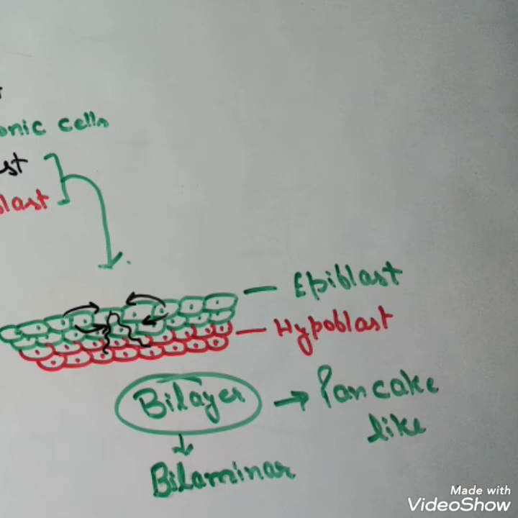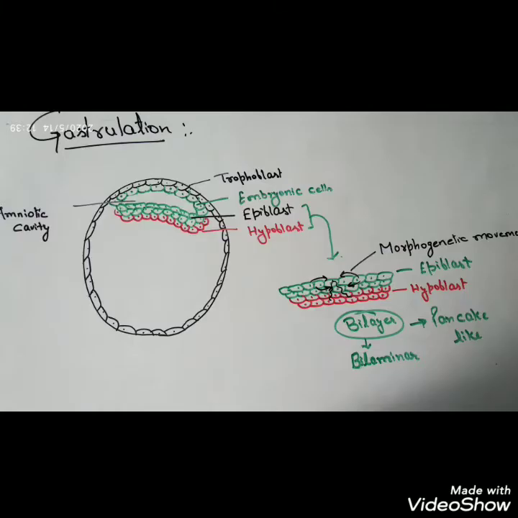As the primitive streak is formed due to the movement of the cells from the surrounding toward the center, such type of movement of the cells which results in the formation of primitive streak is called morphogenetic movement.